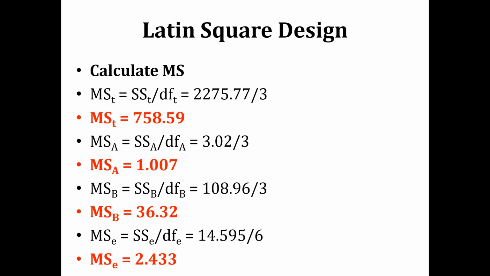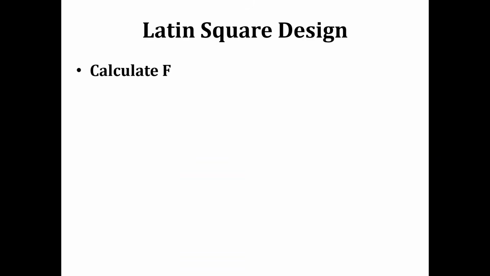So what is going to be our next step? We are going to compare these MS values. And how do we compare these variance values? We calculate the F values. So here we are going to calculate the F value for the treatment, which is our source of variation of interest. So for that purpose, the variance of treatment is going to be divided by variance of experimental error.